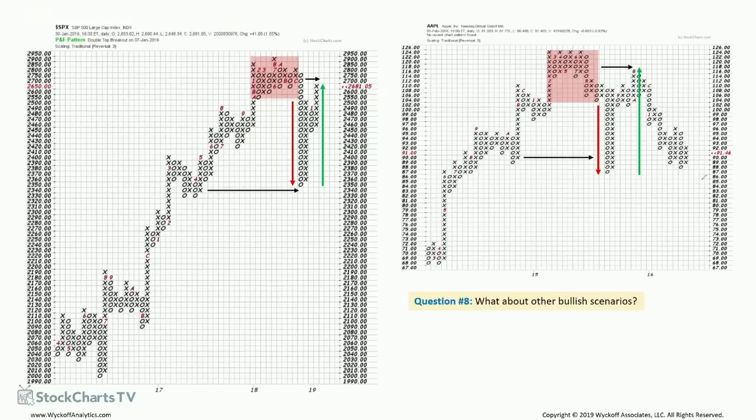So one of the scenarios which is still bullish, this was the 2016 trading range for Apple, where Apple consolidated and then went up. So in this scenario, the price came back to the lows of the climactic action and retested those lows. But it went down in a different way.